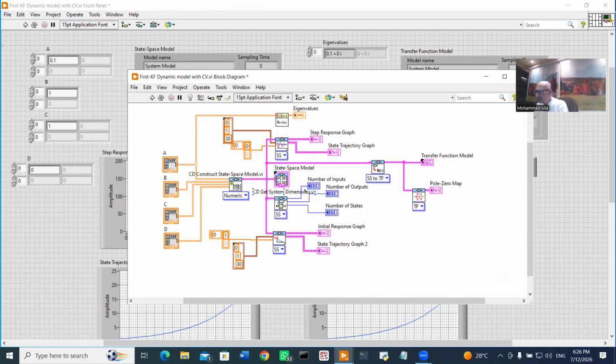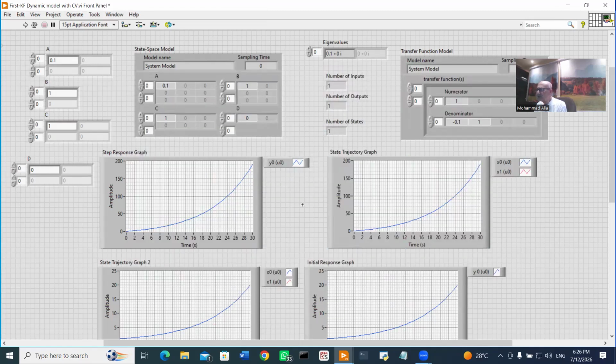So here we have an indicator for the number of inputs, the number of outputs, and the number of states. If we go to the front panel and run the program, we will see that the number of inputs is 1, the number of outputs is 1, the number of states is 1. Here it is shown as a one-dimensional array, not a two-dimensional array.